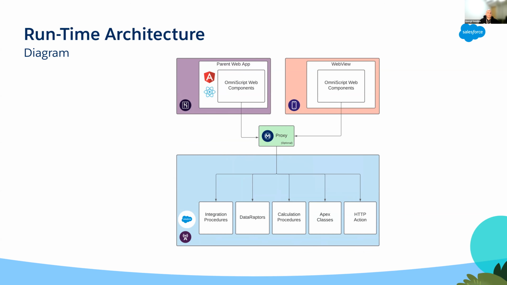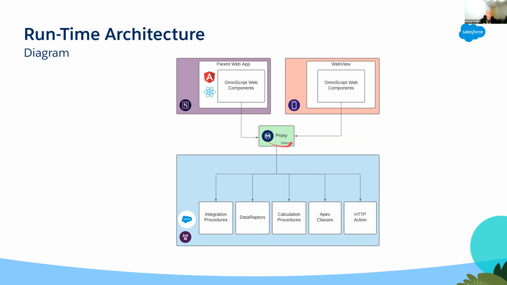From a runtime perspective, here's how it works. At runtime, in Salesforce, we would have all the things that the OmniScript is interacting with. This could be integration procedures, data raptors, calculation procedures, Apex classes, HTTP actions, whatever is involved in that OmniScript. And then at runtime, your web server or mobile app will have the web components that are generated by the OmniScript.